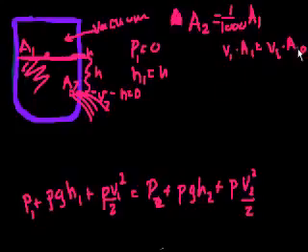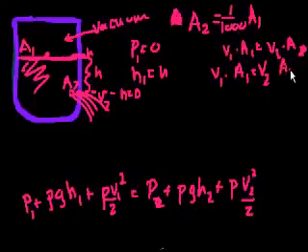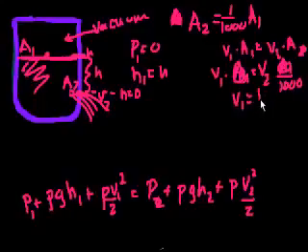So this is area 2. So the input velocity times area 1 is equal to the output velocity times area 1 over 1,000. Divide both sides by area 1. So the input velocity is equal to V2 over 1,000, right? So that's good to know.